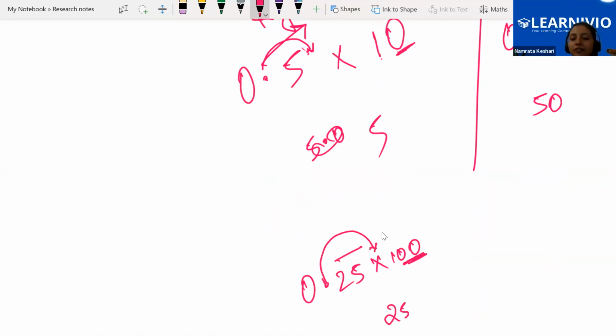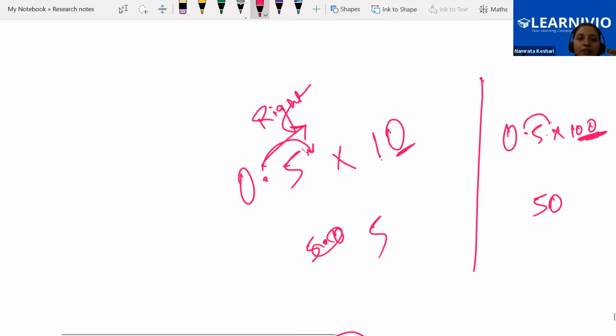So it will be 25.2525252525, just keep on continuing. We understand bar means 2525252525 continues, so 25 bar will be there. Here we were not having any other number, that's why we have written 0.